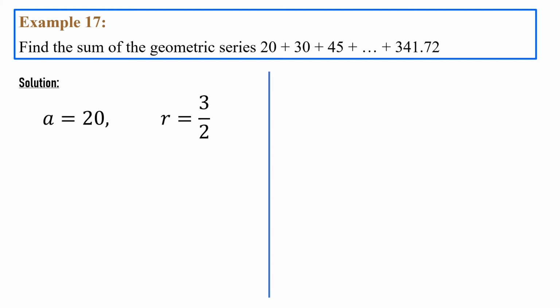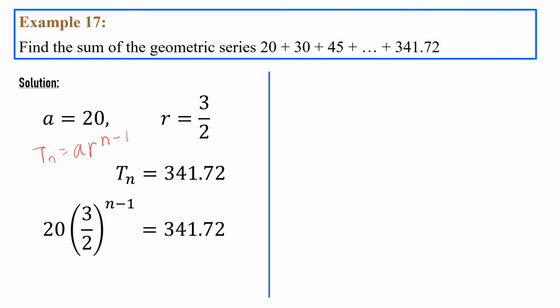So we let this one as Tn. The previous lesson, we know that the formula of Tn is A R to the power of n minus 1. Just substitute the value of A and R that we get before and equate it to 341.72.